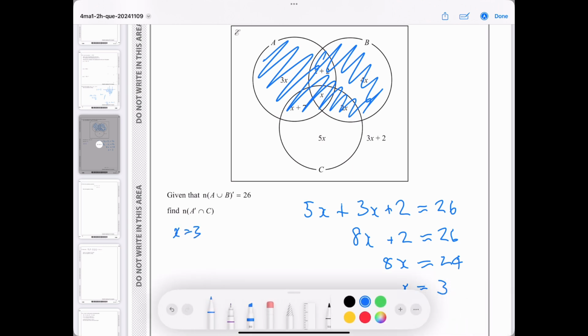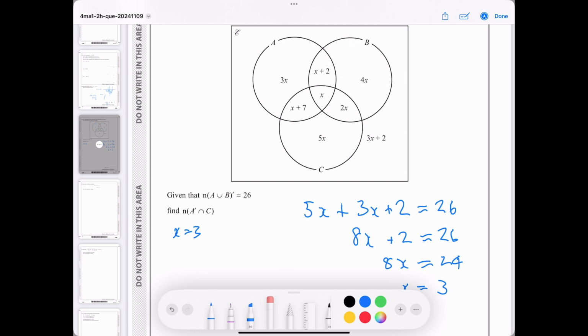So let's just start off with x equals 3. Now, let's get rid of all my drawing. Yep, that seems reasonable. Now, the next thing we need to do is not A intersection with C. So that means it's not this bit, but it also means it's not this bit or this bit either. So the bit that they're actually asking for is this bit, the 5x and 2x.